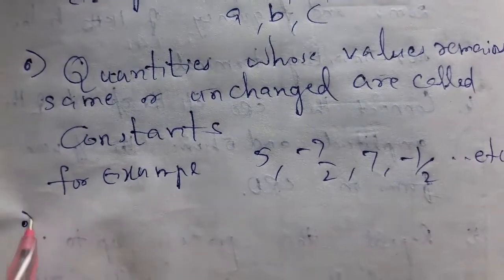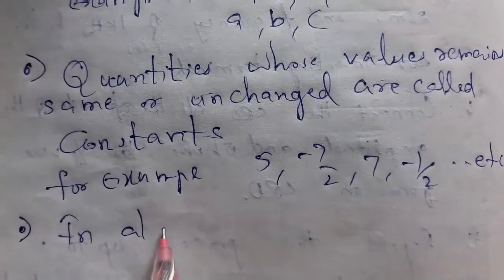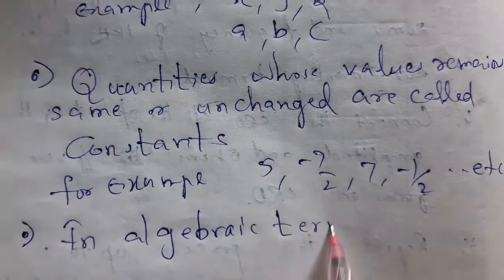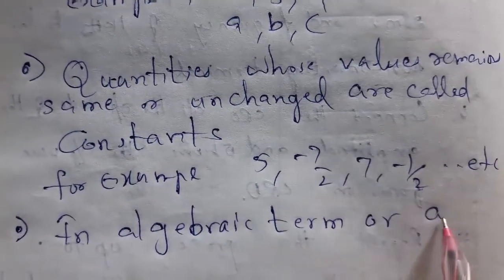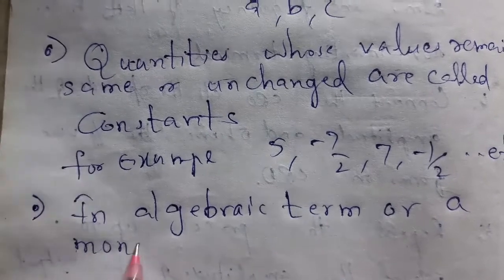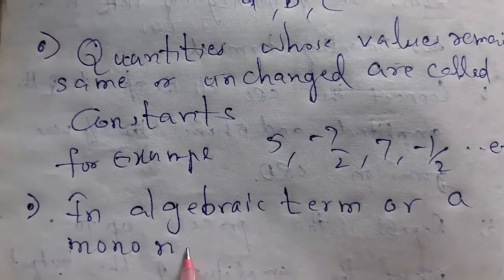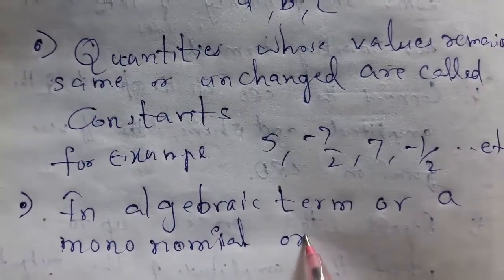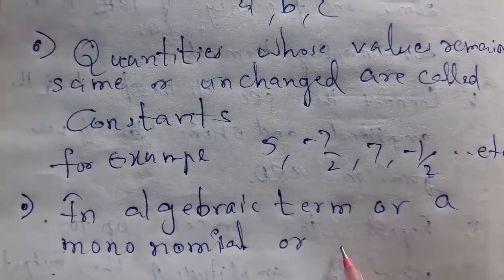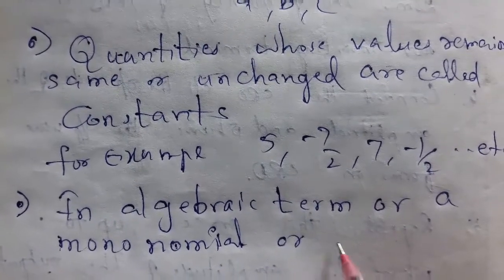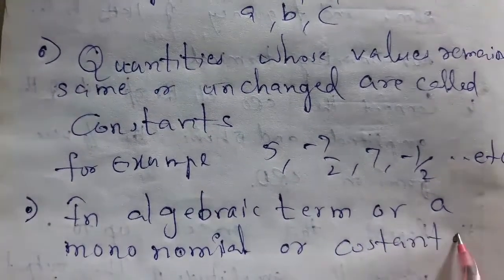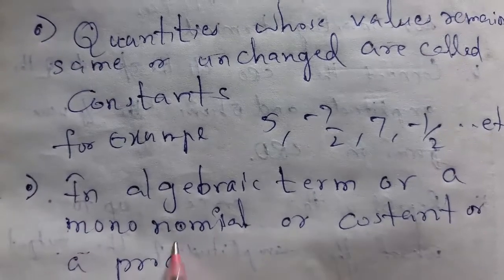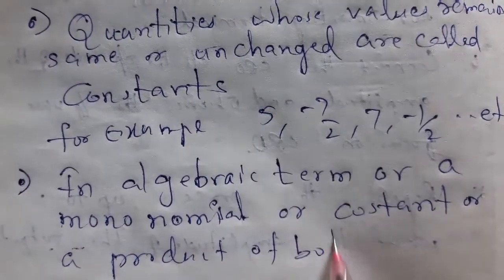Now, an algebraic term or a monomial is either a constant, or a variable, or a product of both.